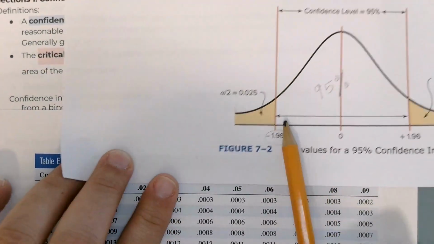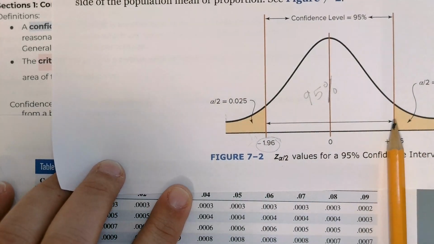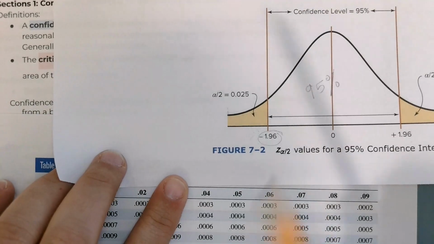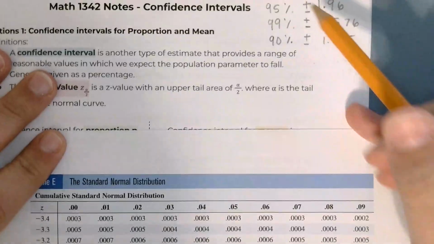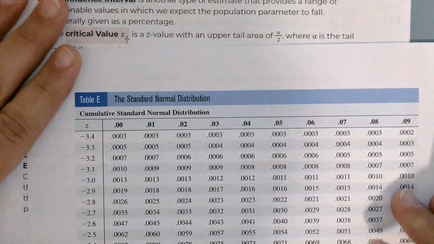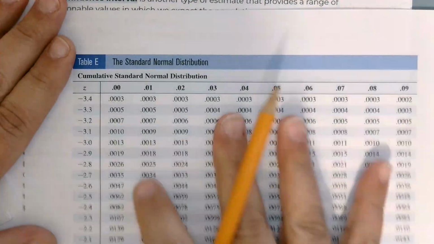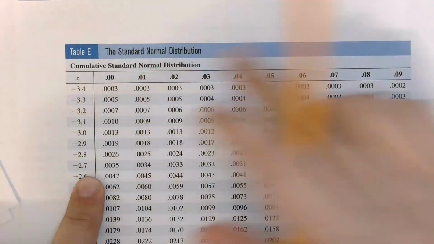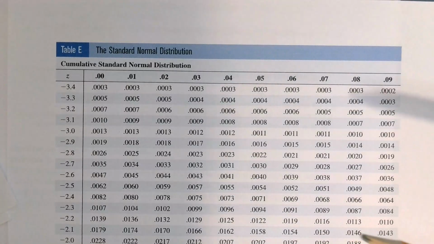And notice that I'm using the smaller one because they're symmetrical. If I use the larger one, the shaded 95% will be down here instead of in the middle. So it's very important that you use the smaller tail to find your z's, just in case we don't have 95, 99, or 90. Okay, so I'm looking for an area. So this time I'm going to look in the larger portion of the table instead of the edges, and the number that I'm looking for is going to be on the outside. So I'm looking for 0.025.